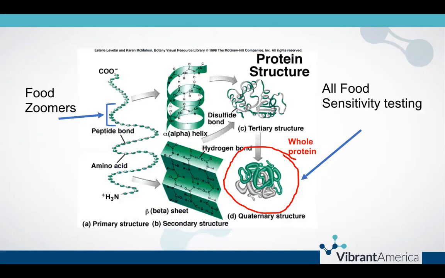Now, from there, these helices or sheets can then form a tertiary structure, which means the protein, let's say you have a helix, you have basically a long, twisted, curly-Q type of ribbon shape.